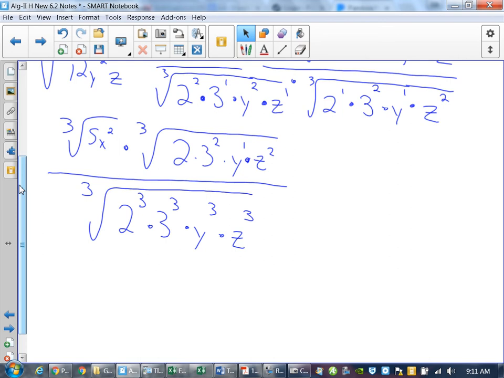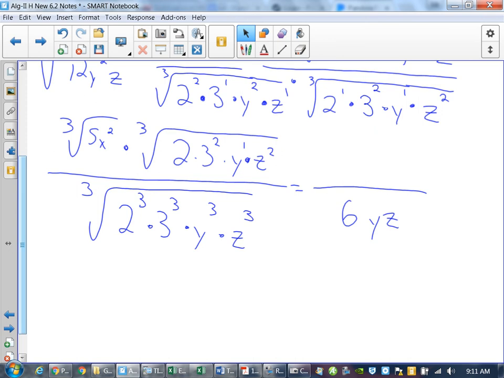Okay, so now your denominator just becomes 2 times 3 times y times z, 6yz. The numerator, I have the same nth root, so I can combine all that now.